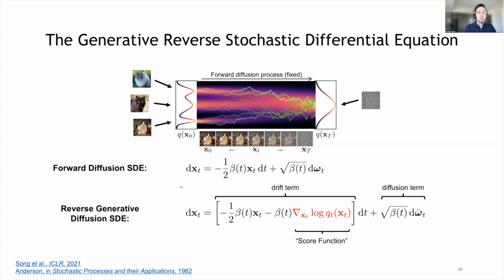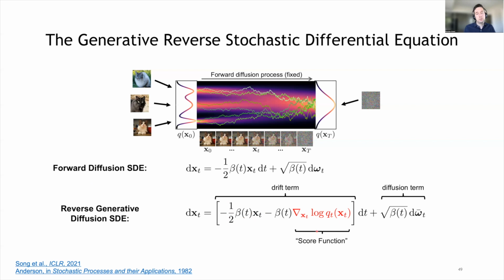And this reverse generative diffusion SDE looks like this. It again has a drift term and a diffusion term, and they look overall somewhat similar. The diffusion term is the same thing, a Wiener process that again injects noise. The drift term also has this same minus x minus 1/2 beta t of x term.